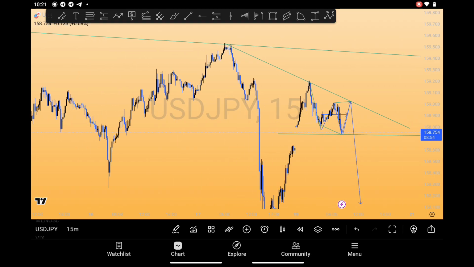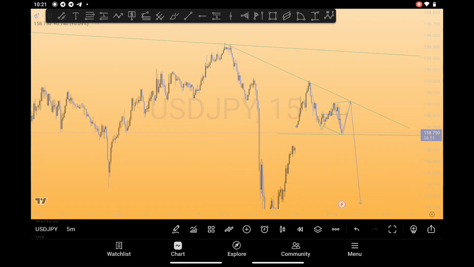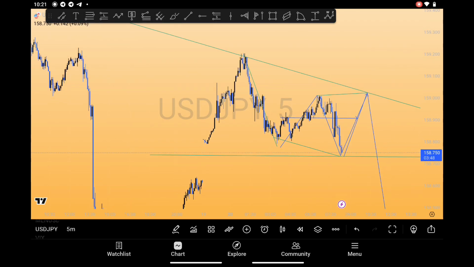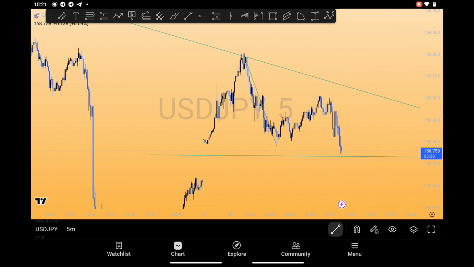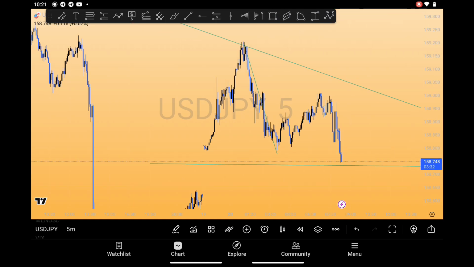You get? So take me to the 5 minutes. I'm now at the 5 minutes. Let me first remove these many lines. Are we having any characteristic of this move being a possible failure, a possible correction?